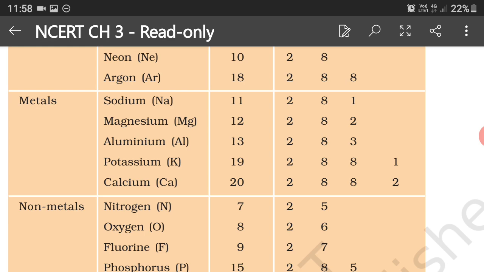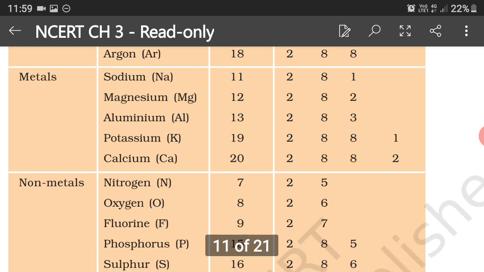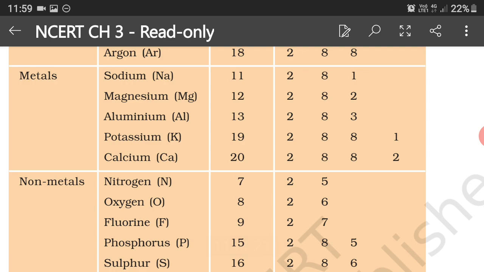For example, 8 minus 5, valency will be 3. If an atom has 6 electrons in its outermost shell, as here you can see oxygen, its valency will come out as 8 minus 6 equals 2.